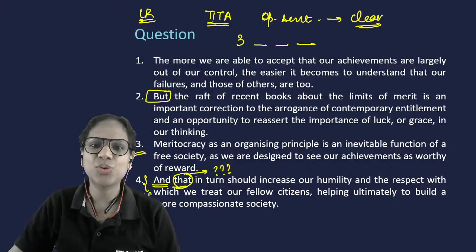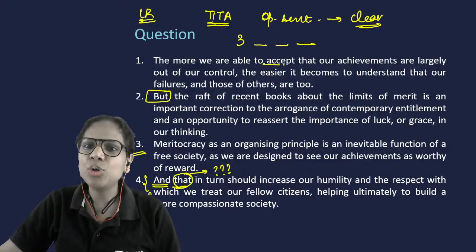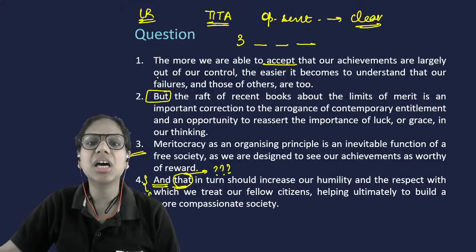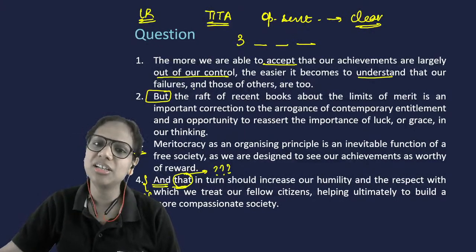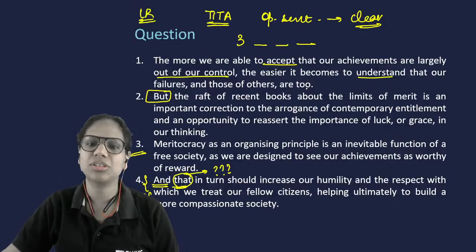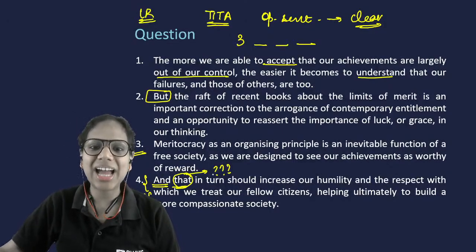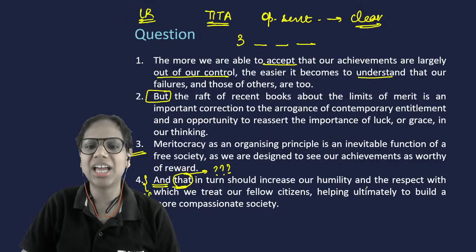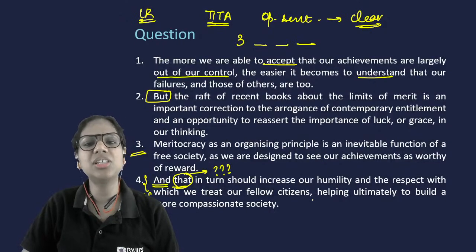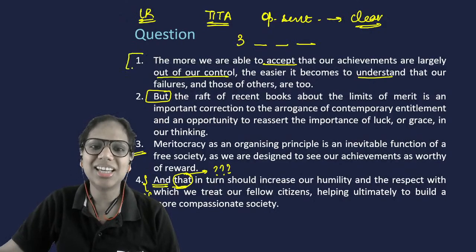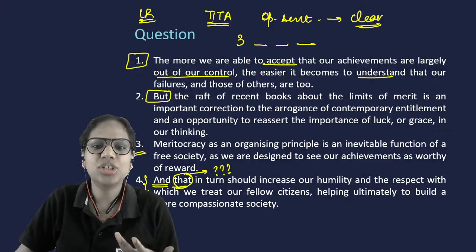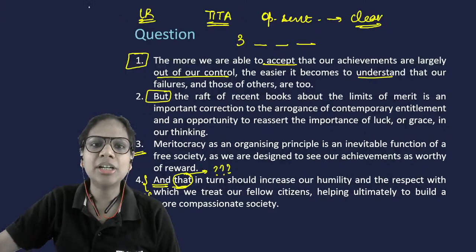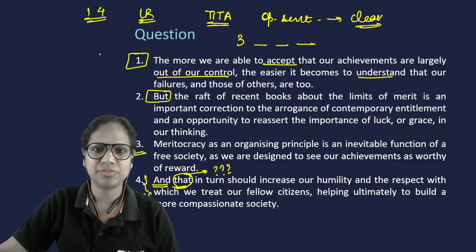The more we are able to accept that our achievements are largely out of our control, the easier it becomes to understand that our failures and those of others are too, right? And that in turn should increase our humility and the respect with which we treat our fellow citizens. So, accepting this realization should increase our humility. So, 1 and 4 seem like a mandatory pair.